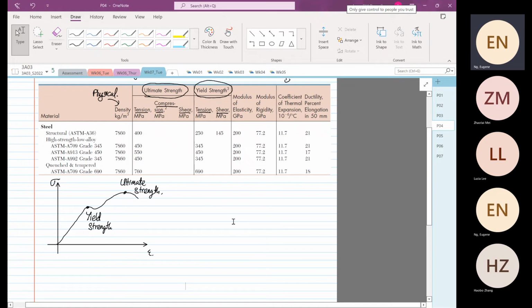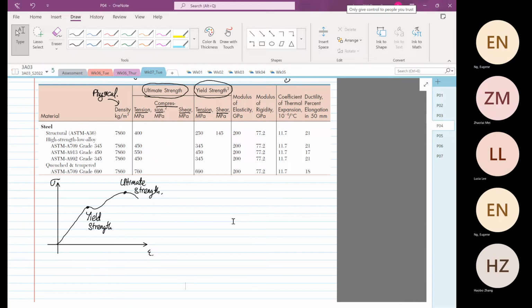So we spoke about before the break. We look at the data from Materials Handbook and what does this data show us?